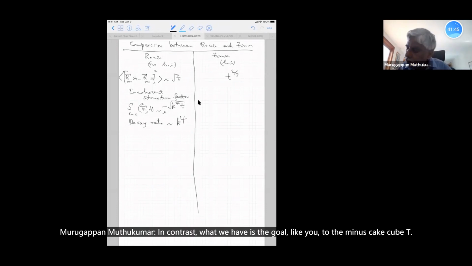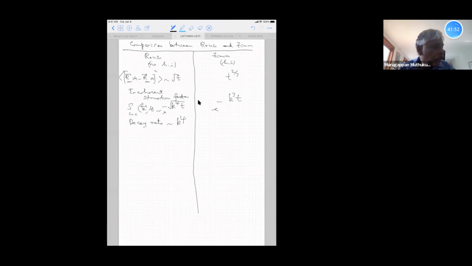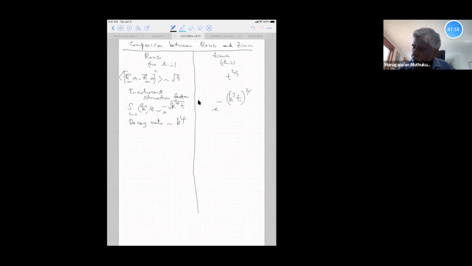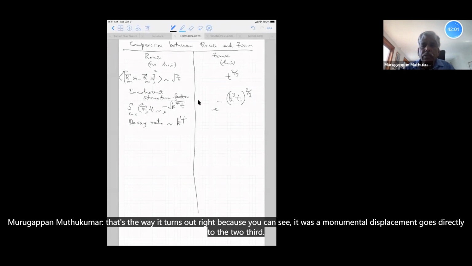In contrast, here it will go like e to the minus k cubed t, k cubed t power 2/3. That's the way it turns out.